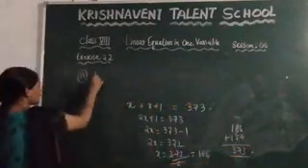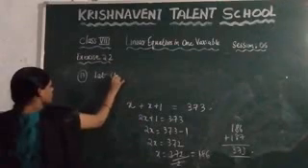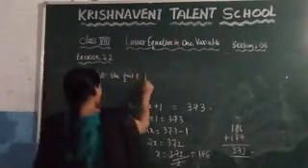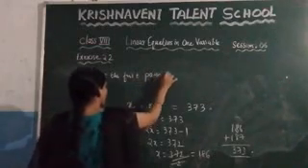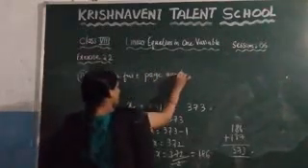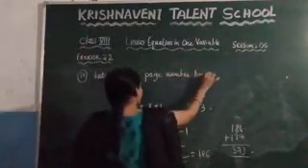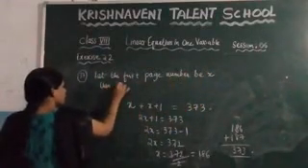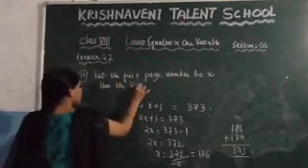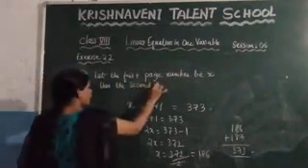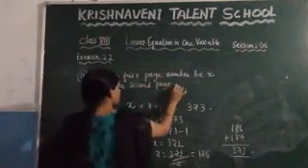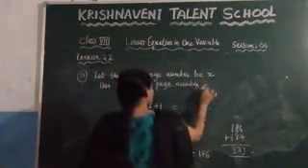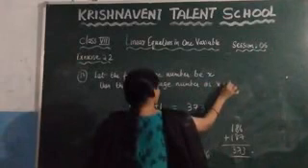So, write it here. Let the first page number be x, then the second page number will be, just you need to add 1 to that one. So what you will get? Then the second page number is x plus 1.